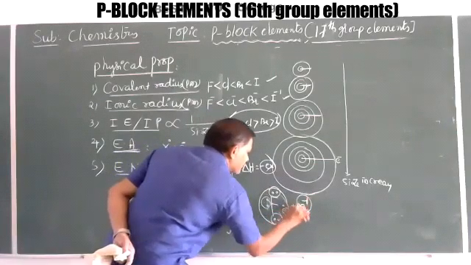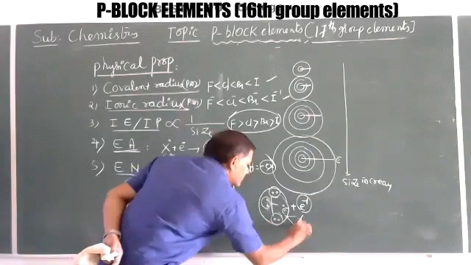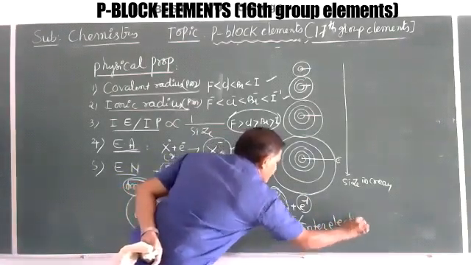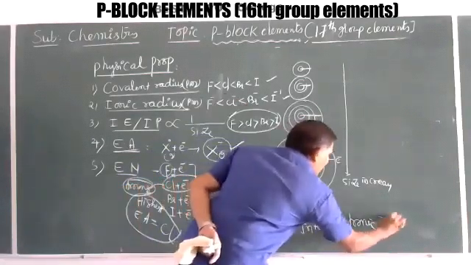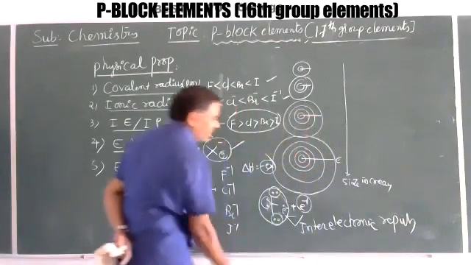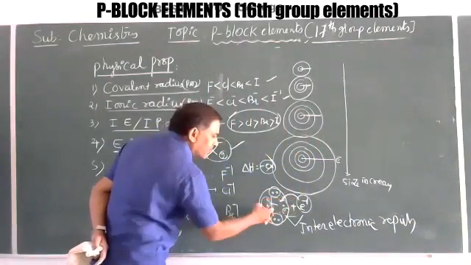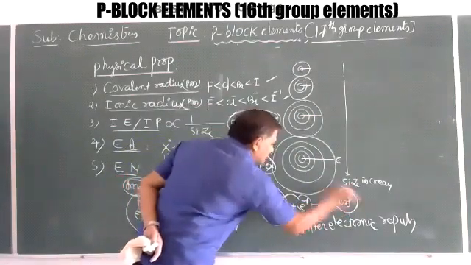Electron and electron have the same sign, so inter-electronic repulsions take place between these two electrons. Due to the inter-electronic repulsive forces, the incoming electron cannot enter easily into the fluorine atom. That's why the liberated heat is less.